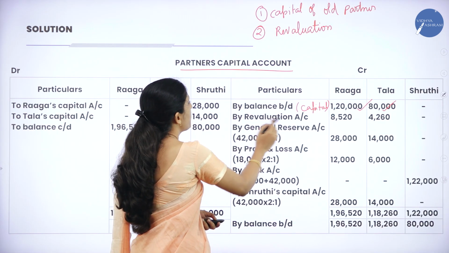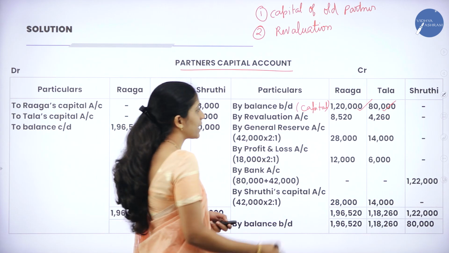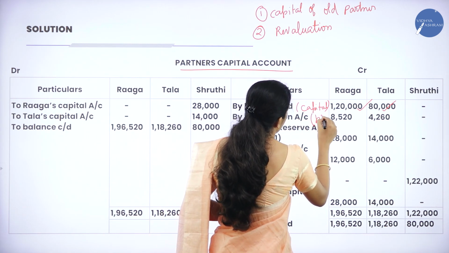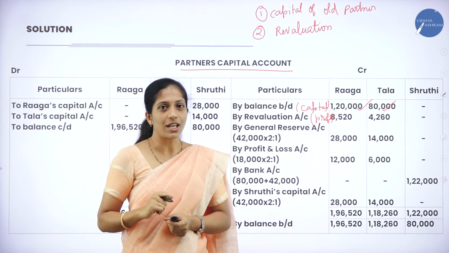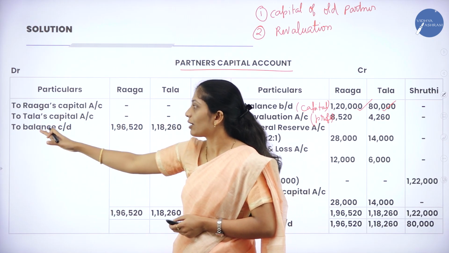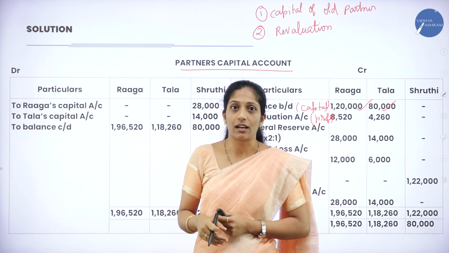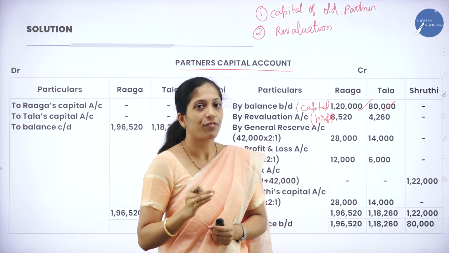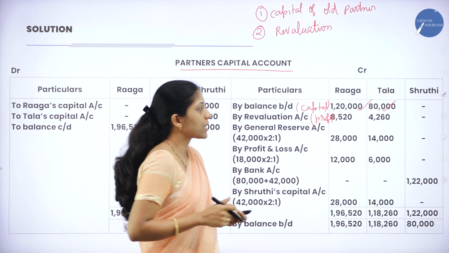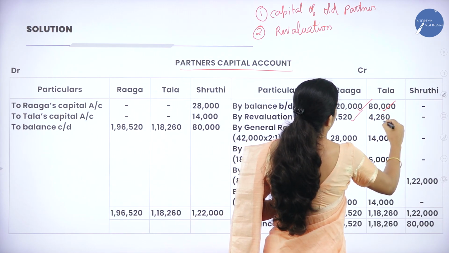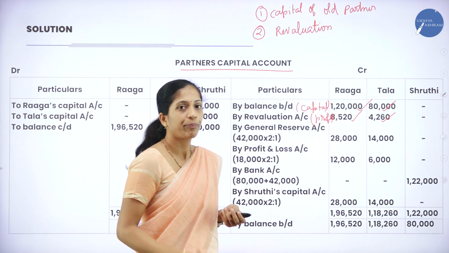How do you record? By revaluation account, profit. Suppose it is a loss, then how do you record? To revaluation account, on the debit side. But in this problem it is profit, so record it as by revaluation account, that is profit, 8,520 and 4,260. Okay.